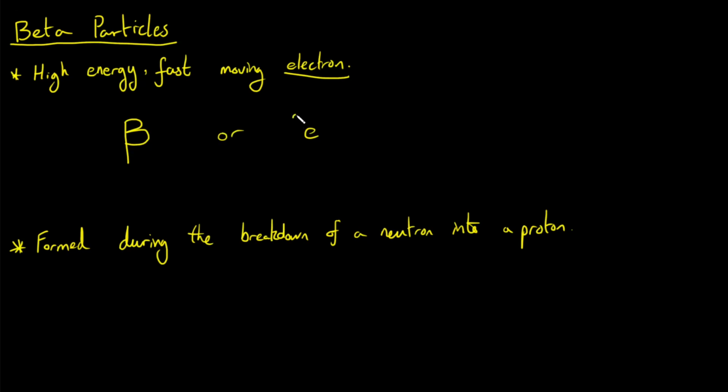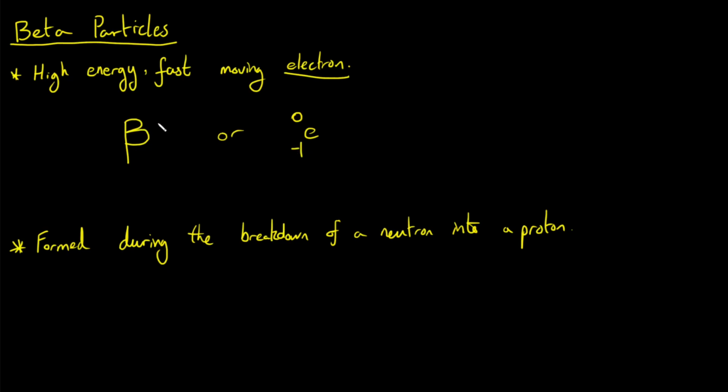And if we're concerned about the mass number and the atomic number, which we are, we can put in the nuclide notation that it has a mass of 0, because electrons don't have any mass, and its atomic number is a little bit strange, but its atomic number is -1, and that will make sense in just a little bit.